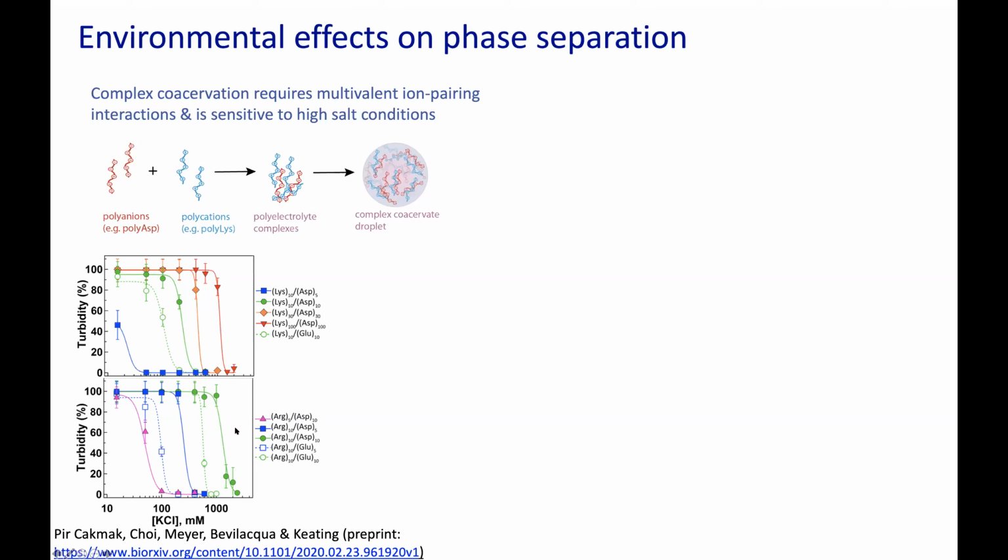And these are actually much more effective at surviving to high salt. In fact, this green curve is only for 10-mers. And it's because the binding interactions that drive formation of these are not as cleanly ion pairing. There's a lot of cation-pi and pi-pi involved in these coacervate formations. And so you see that in their different response to the ionic strength.